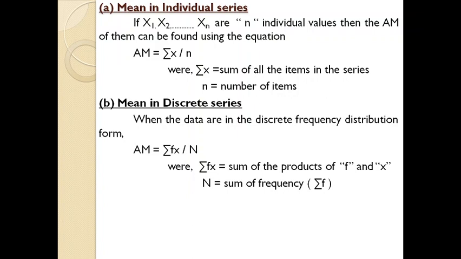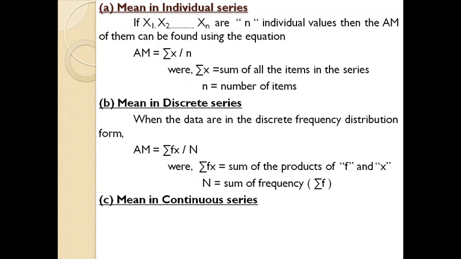And finally, the mean in case of a continuous series. As the term suggests, a continuous series is a situation where you might be dealing with data in class form. Class form means the data is in range form, that is 0 to 10, 10 to 20 and likewise.